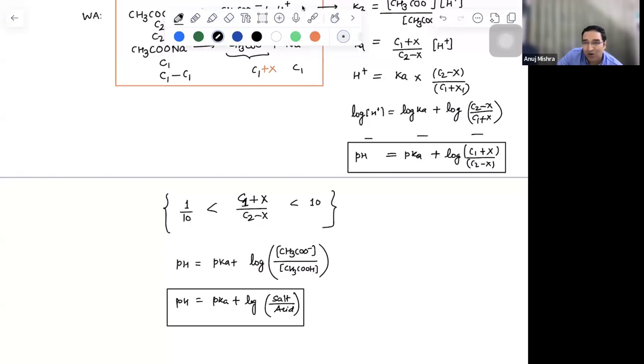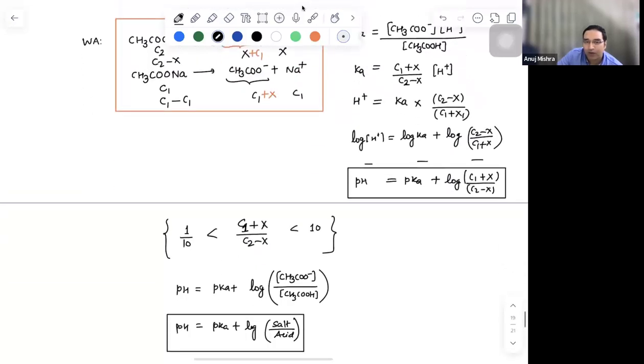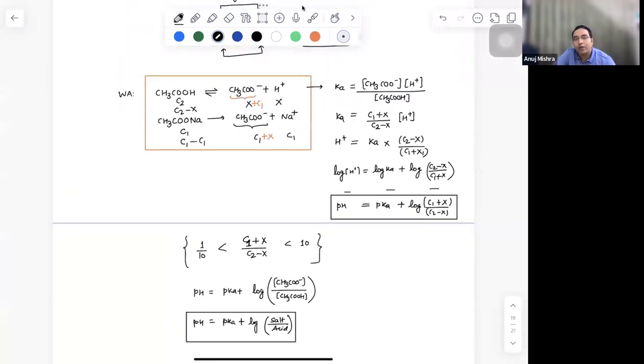Now, since x is not a huge number, whatever be the value of x, it will not be a huge number. It will be a smaller value, right? Because I'm choosing weak acid. So in front of C1, C2, in what range are they? Tell me. Your C1 will be let's say 0.1, 0.01. And x in what range? In acetic acid, if you have salt, it will be 10 power minus 3, minus 4, minus 5, right?